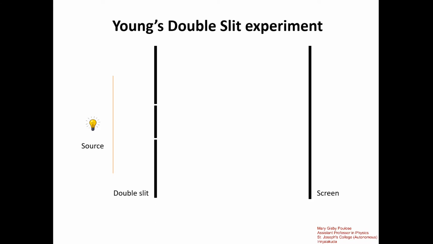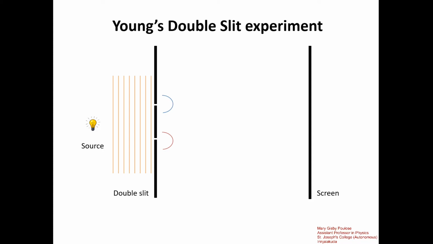Now, when the source is kept at a longer distance away from the double slit, we assume planar waves to be emerging from the source, and they fall upon the double slit. So when a single wavefront falls on a double slit, each slit produces its independent set of secondary wavelets.